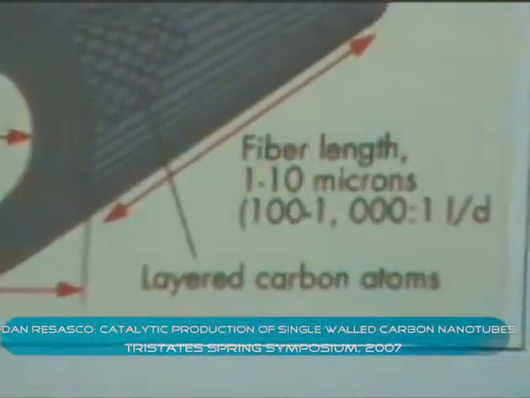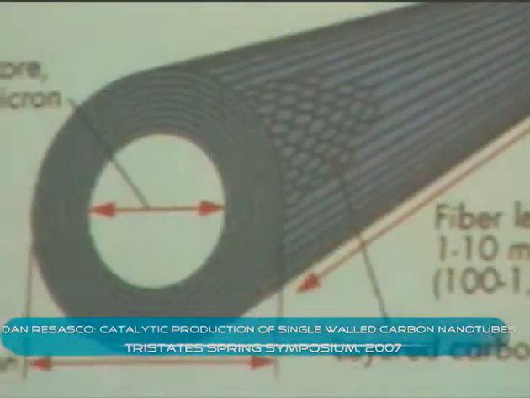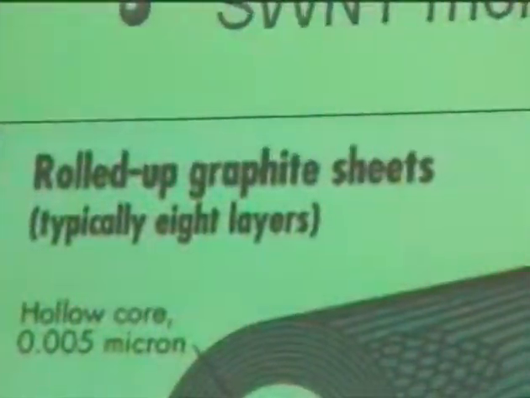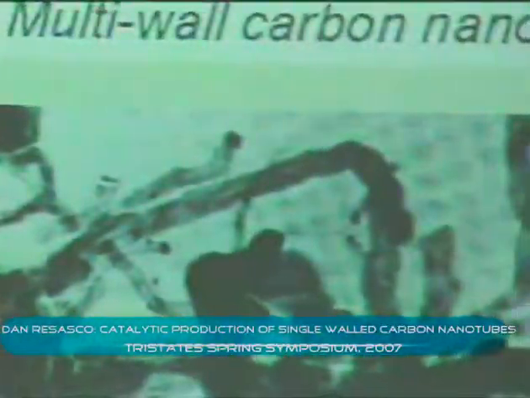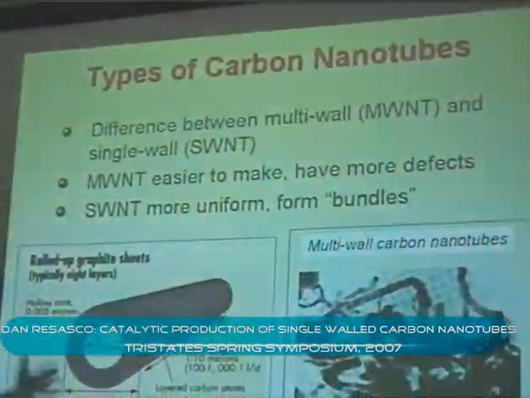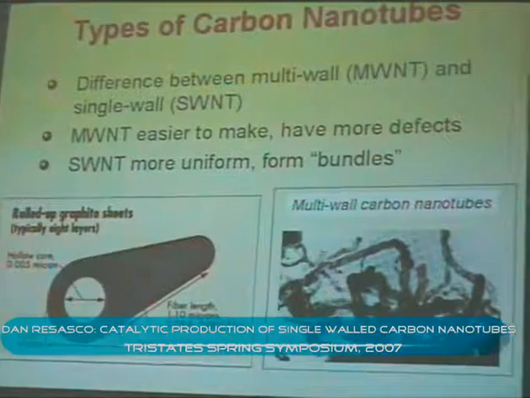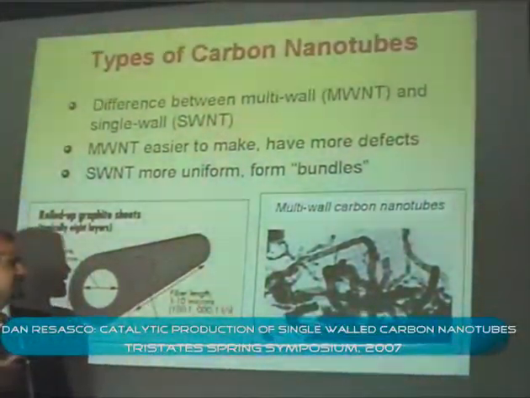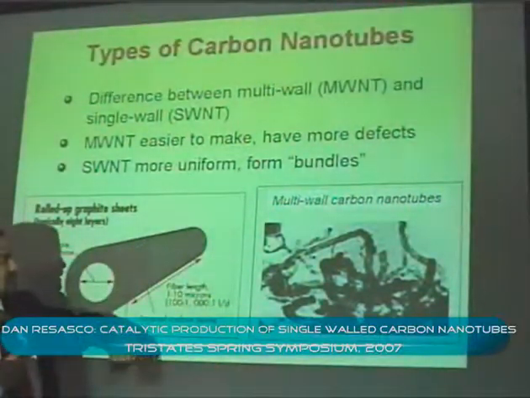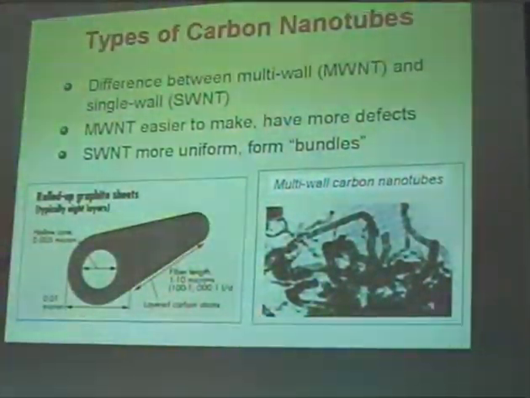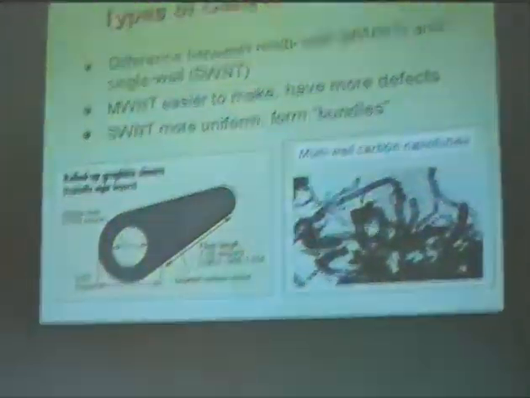That was the focus of our effort, versus the multi-wall nanotubes, which you can make as nice as these, or in most cases you make things like that that are not as nice looking, and there are lots of defects. So our main effort was to produce single-wall nanotubes.